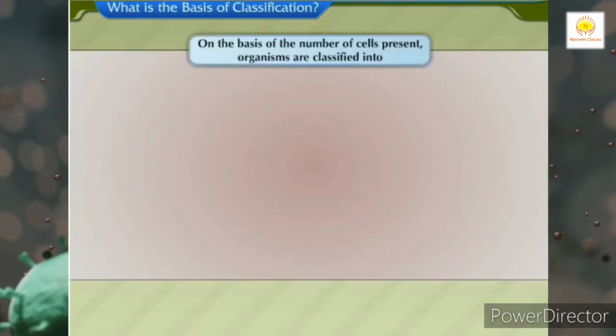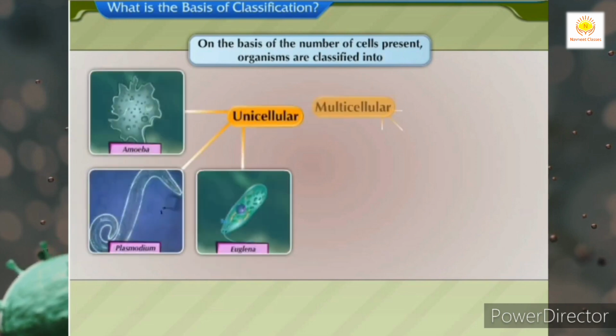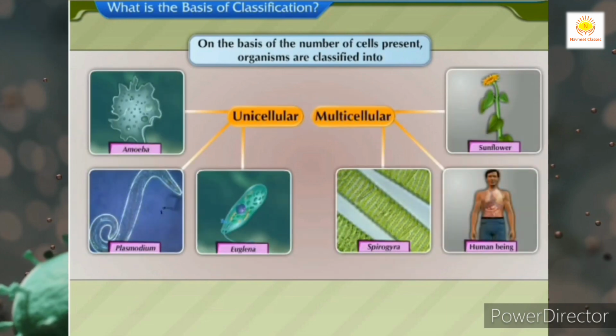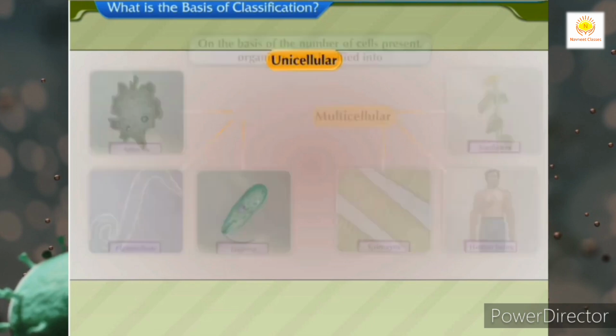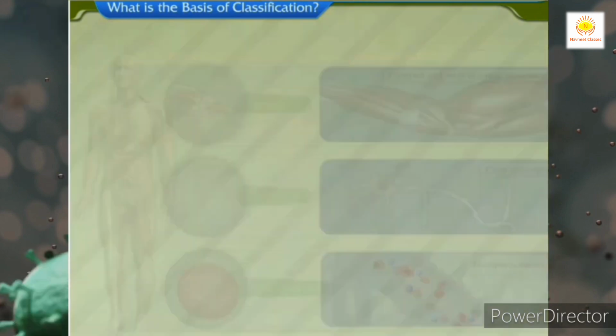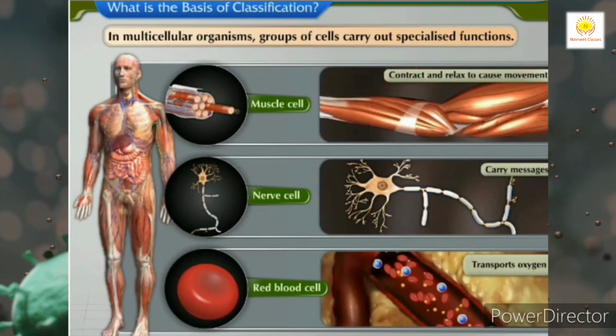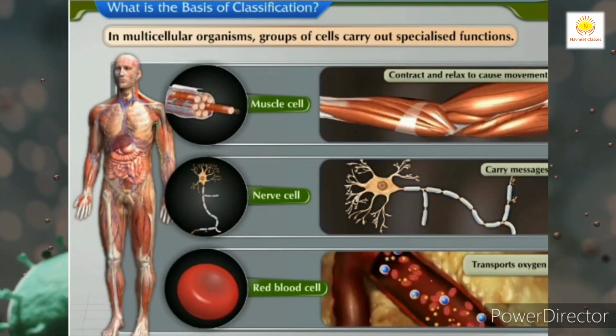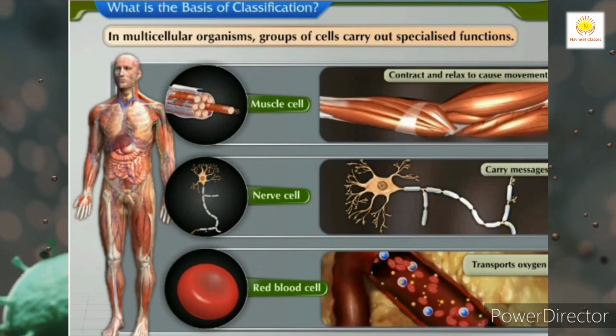On the basis of the number of cells present, organisms are classified into unicellular and multicellular organisms. In unicellular organisms, a single cell performs the life processes, whereas in multicellular organisms, groups of cells will carry out specialized functions.